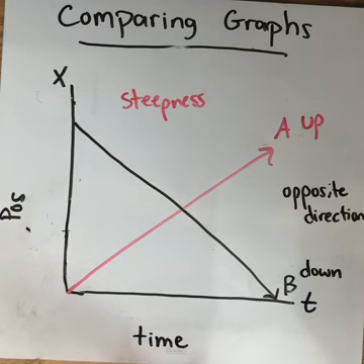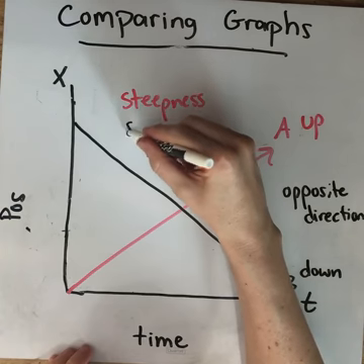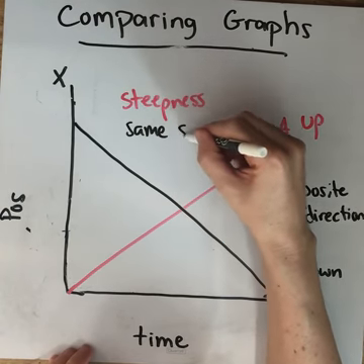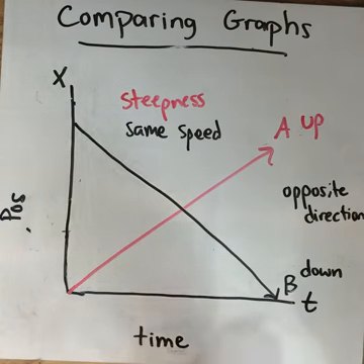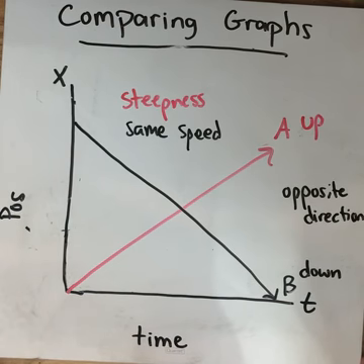What this means is that these objects have the same speed. Now, one of them will have a positive speed because it's going forward, and the other will have a negative speed because it's going backward, but they will both have the same number speed. So this is what they have in common.